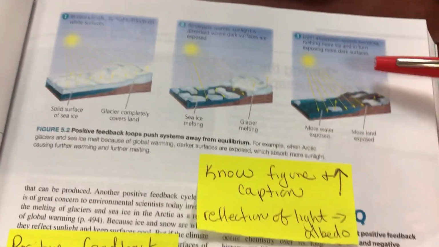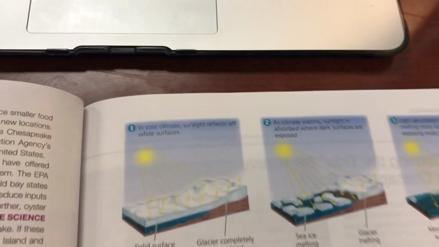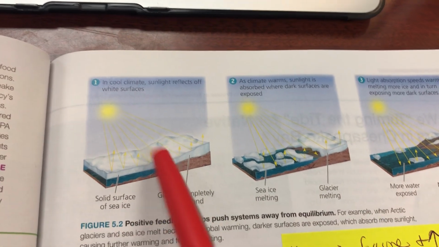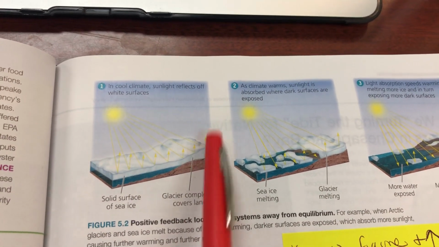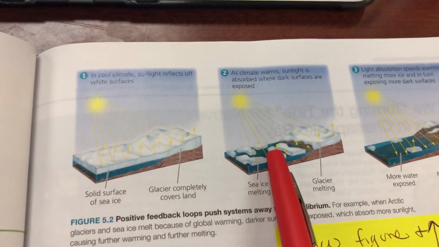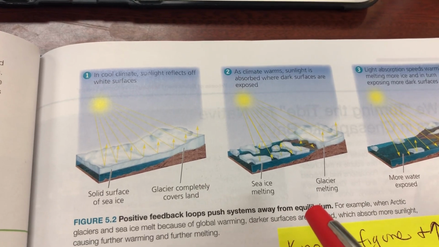Okay. Now, if you look at this figure up here, it talks about sunlight. So a solid ice surface versus glaciers, they cover it, yes? Sunlight's here, as you can see the light bounces off. It reflects off of a white surface, this is the albedo. Now, as the climate warms, however, sunlight is absorbed where dark surfaces are exposed.